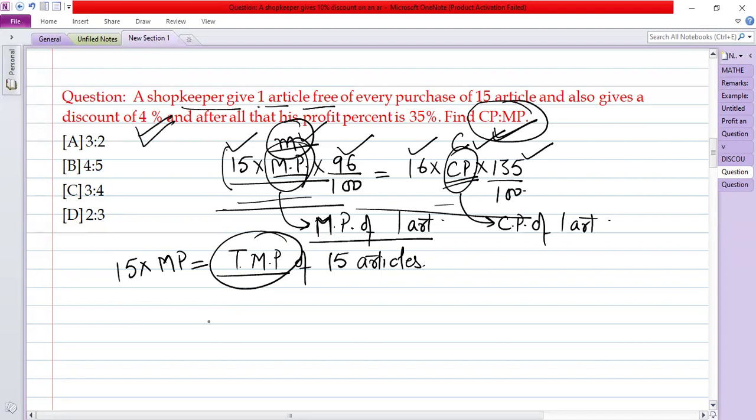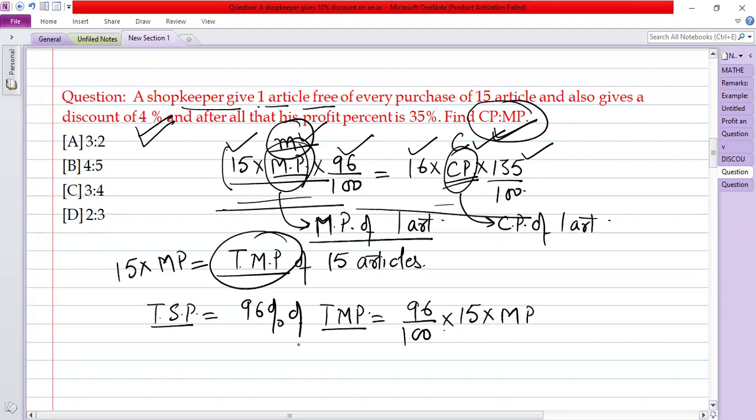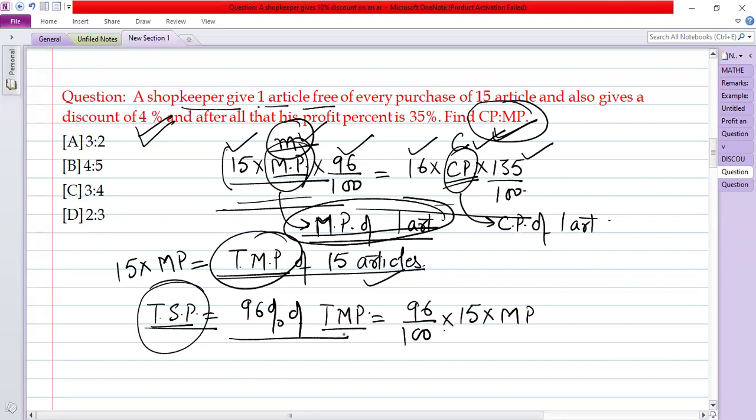And if the discount is 4%, then the total selling price will be 96% of the total marked price. So 96% of this will be 96 by 100 into 15 into MP. Simple thing: we have the marked price of one article, then the total marked price of 15 articles, and the discount is 4%. So the total selling price will be 96% of the total marked price. It will be nothing but this.